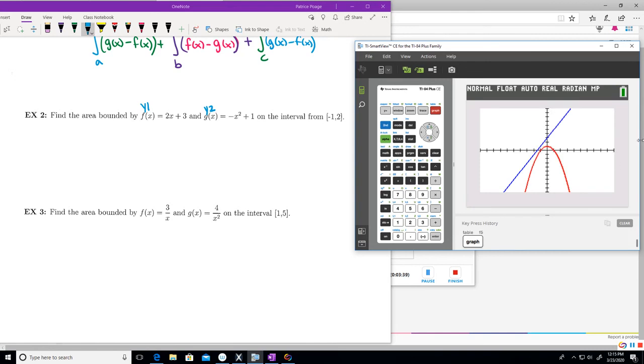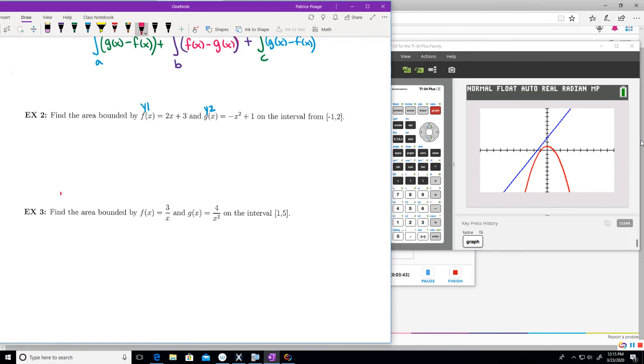Boom. They don't even overlap or intersect or anything, so I'm going to draw them right here. That was awful. Let me try that line again. Much better. It says we're looking for the area bounded between these two curves on the interval from -1 to 2. Notice I didn't even draw my x-axis.